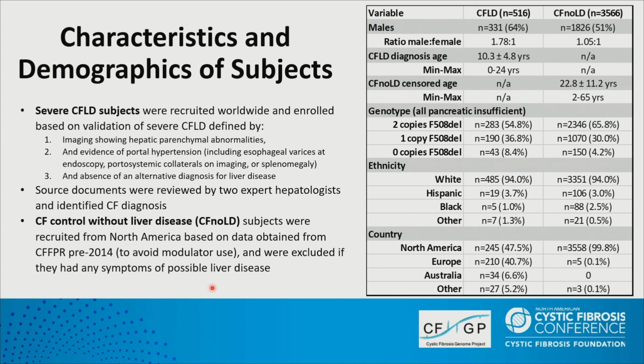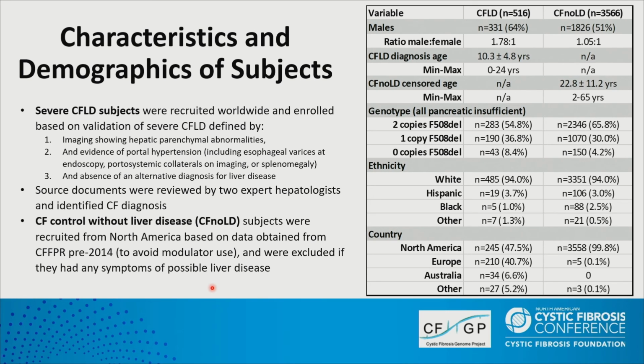The mean and median age of the CF liver disease diagnosis in our cohort was around 10 years of age. And for those people who did not have CF liver disease, we did a diagnosis by age analysis, and they were censored at the last time we had data, and that was their age, 24 years.